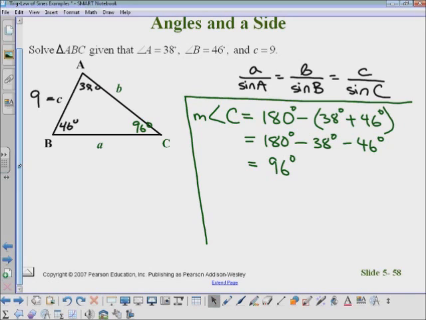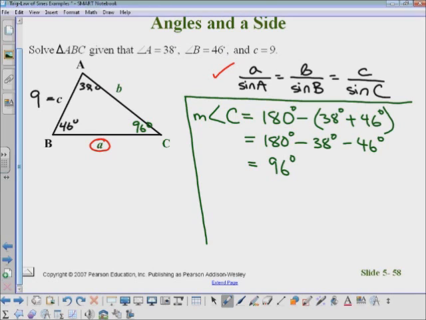Okay, now notice I have that ratio, angle C, side C, so I can figure out either A or B. It is your choice. I am going to choose to go alphabetical and find side A. Since I'm looking for a side, again, I prefer this format versus the reciprocals.